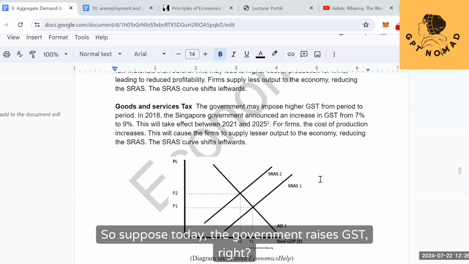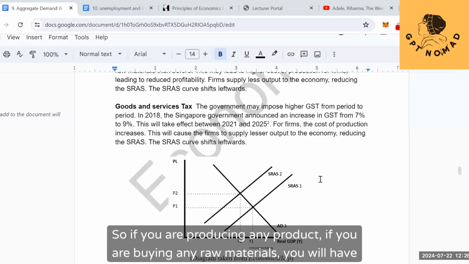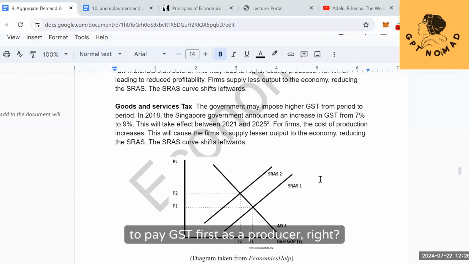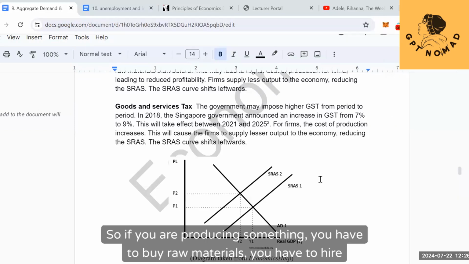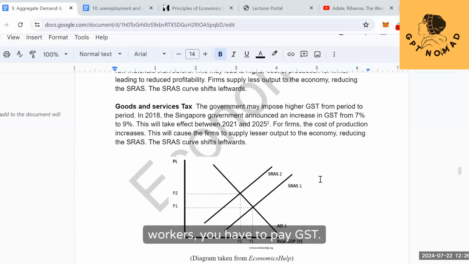Suppose today the government raises GST. If you are producing any product, if you are buying any raw materials, you will have to pay GST first as a producer. If you are producing something, you have to buy raw materials, you have to hire workers, you have to pay GST.